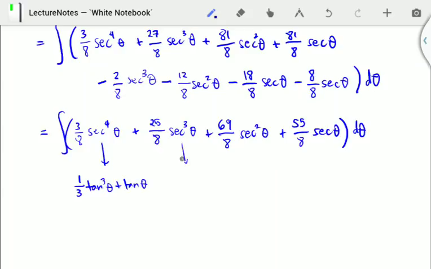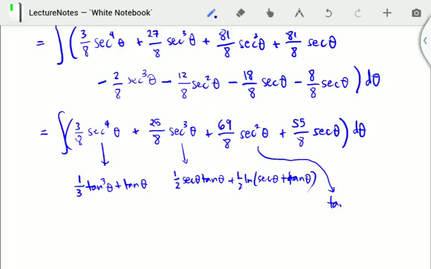What's the integral of sec cube? Again, it's in my video. It is 1/2 sec theta tan theta plus 1/2 ln of sec theta plus tan theta.